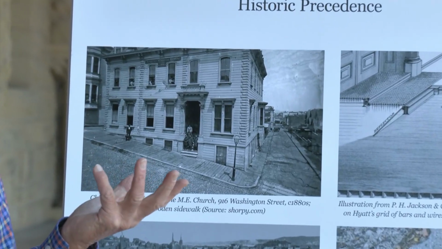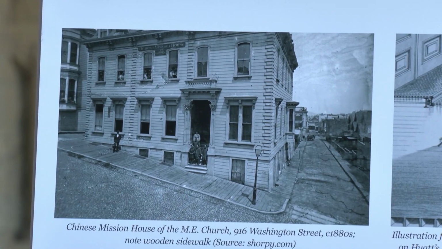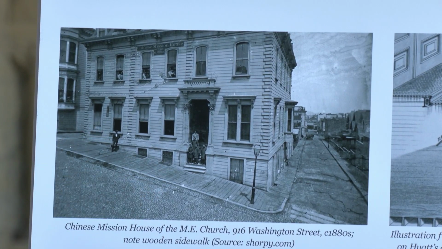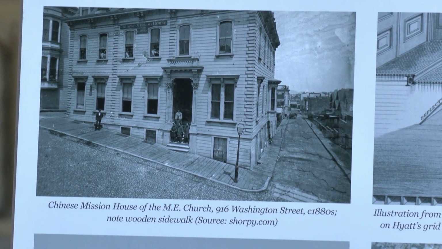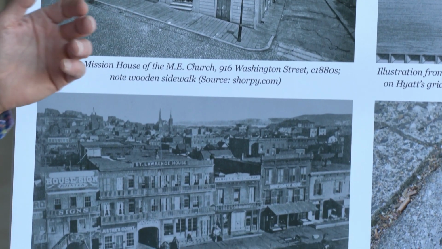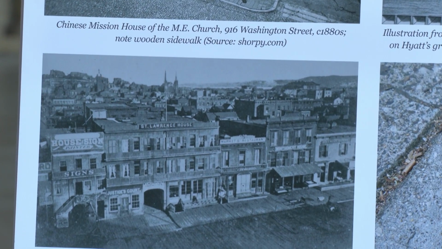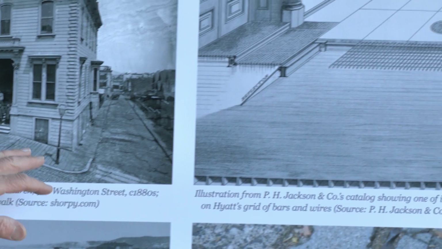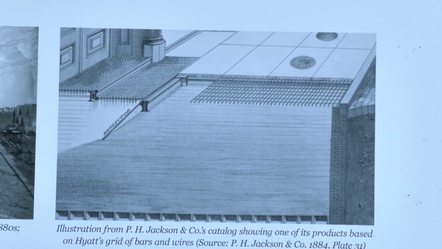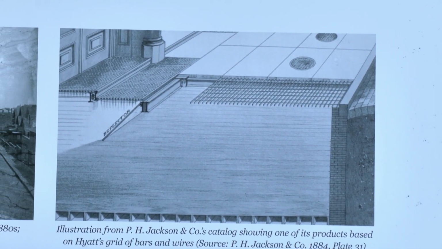What's the problem with wood? Well, you can imagine, many of you have decks at home. You know how rapidly that wood deteriorates. And so you had a bustling city that was trying to expand, and the sidewalks were a real problem. So there were many entrepreneurs that developed techniques for producing sidewalks that were safe to walk on and durable.